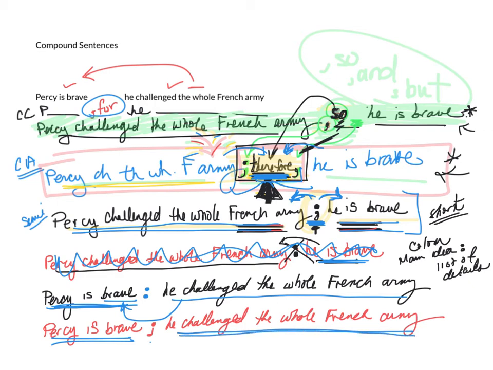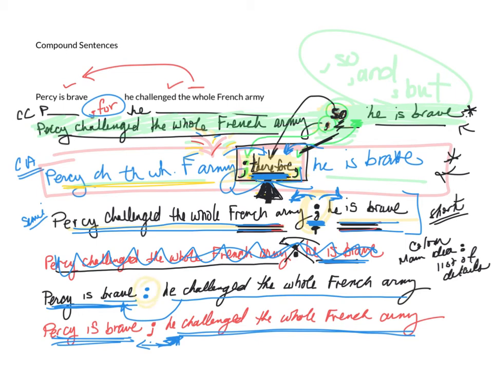Semicolon in between. You can join two complete sentences with a semicolon. Of course, a semicolon puts the emphasis onto the sentences themselves because it doesn't have any kind of connecting word. So it's saying that these two sentences are equal. We've already decided that they are. So this absolutely works, which leads me to a question.